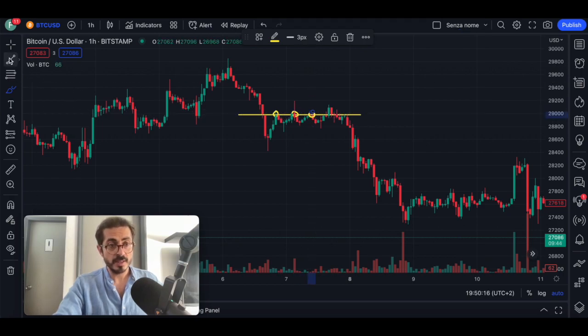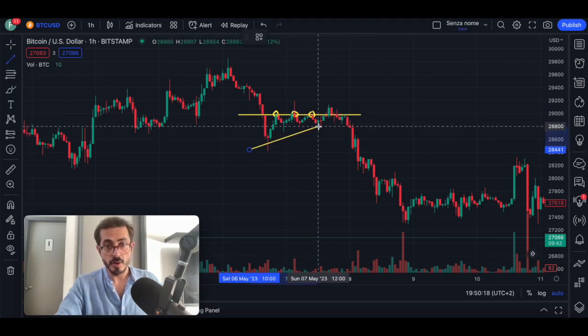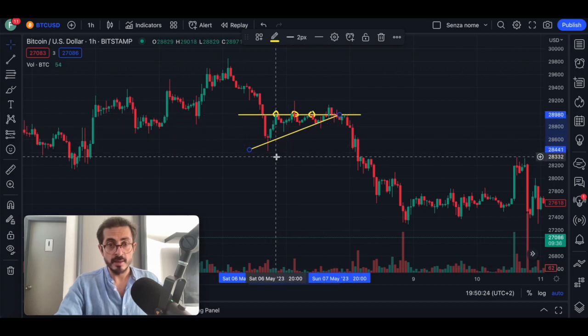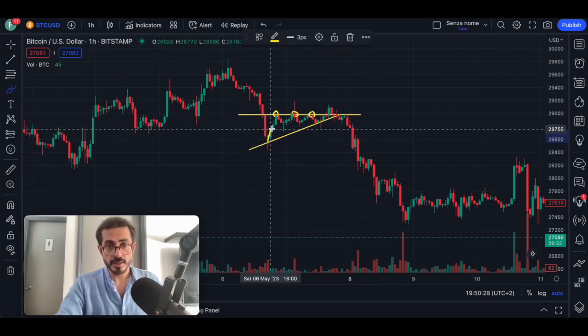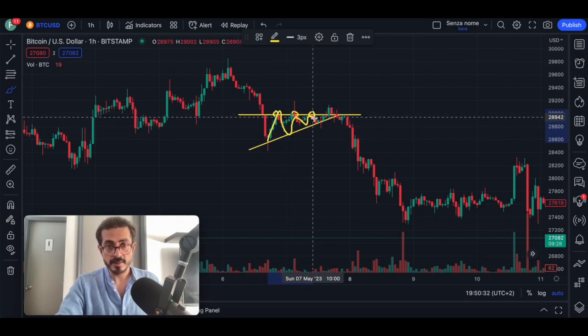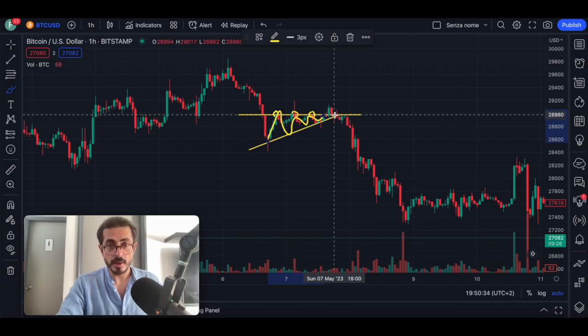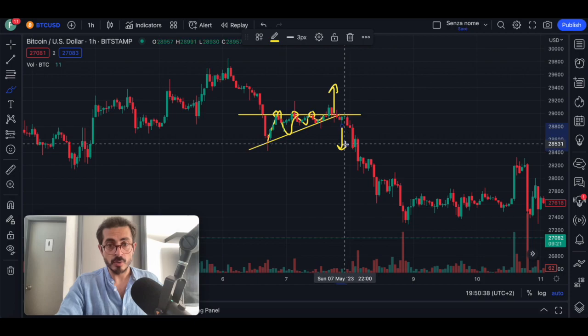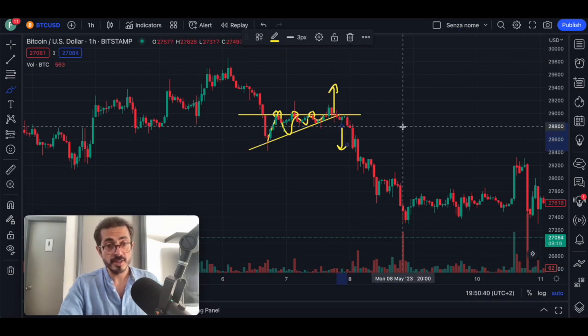And the second step is to connect the lows. As you can see here, we got this ascending trend line. Basically what happens here is that the price moves within the triangle, and at some point we'll see a breakout to the upside or to the downside, depending on who's stronger between sellers and buyers.